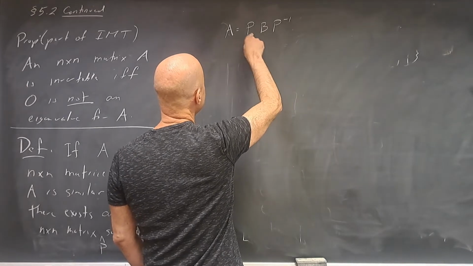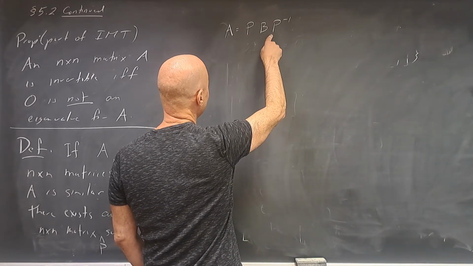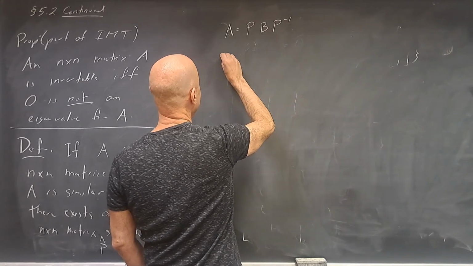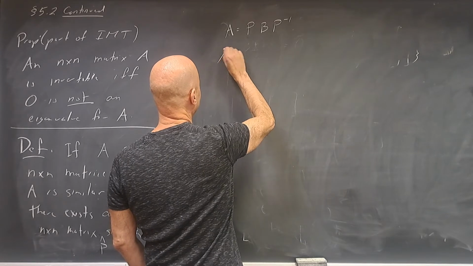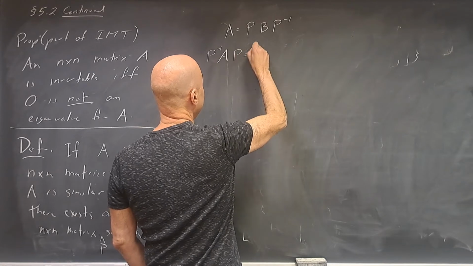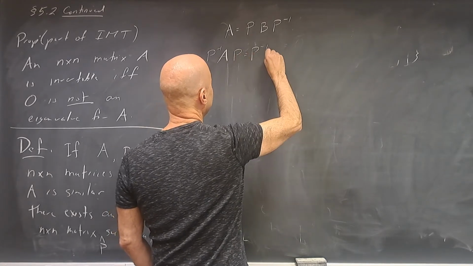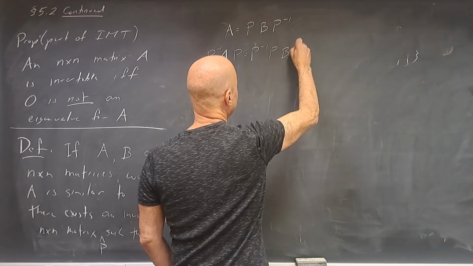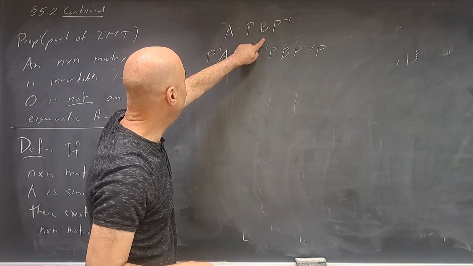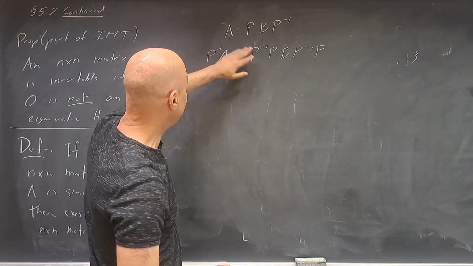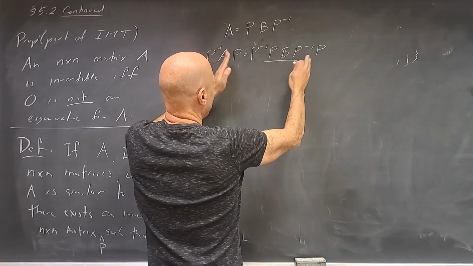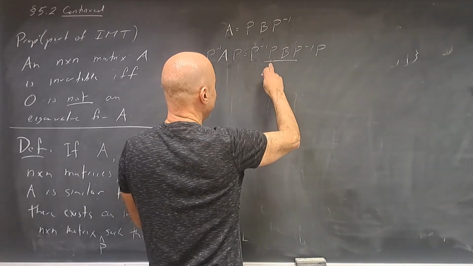If I multiply this both on the left by P inverse and both on the right by P, that gives me P inverse AP equals P inverse PBP inverse P. If you're wondering what I did, I just took this equation, multiplied both sides on the left by P inverse, and multiplied both sides on the right by P. Well, P times P inverse is just the identity.